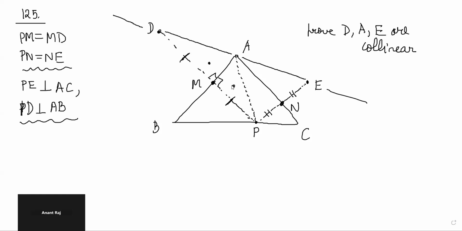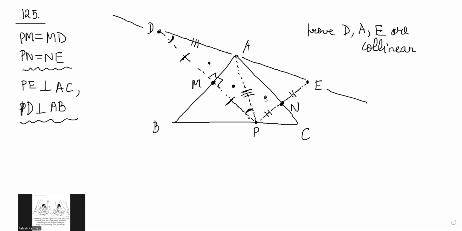So automatically AD is equal to AP then, right? Correct. So that means this angle is equal to this angle, right?